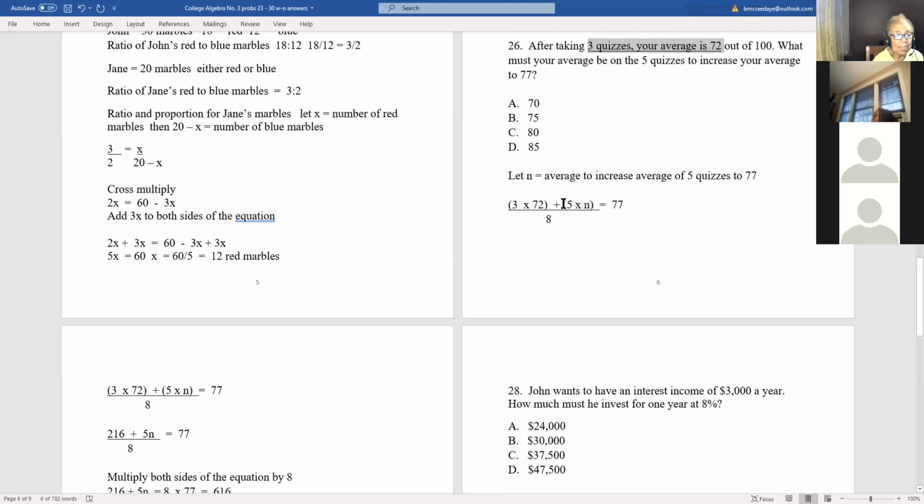We know that it's 5, the number of quizzes, times some number n, but we don't know what the n is. That's the unknown. That's why we had to put the unknown here. And there are 3 quizzes here, 5 here. That's why you have the 8. And we're trying to increase our average to 77. That's why we have equals 77.